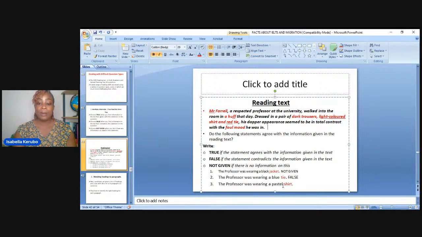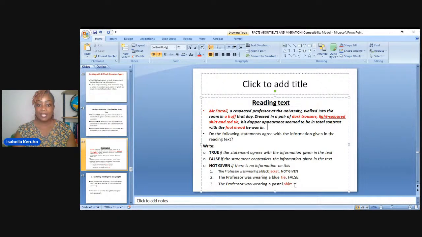So if you knew the meaning of this word, you will definitely know that yes, the statement in question number 3 agrees with the same information that is provided in the text.